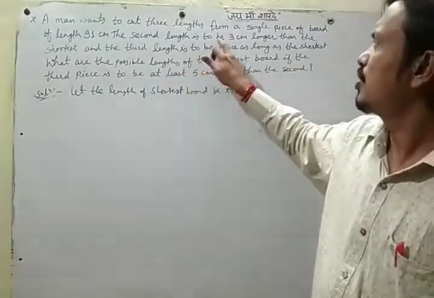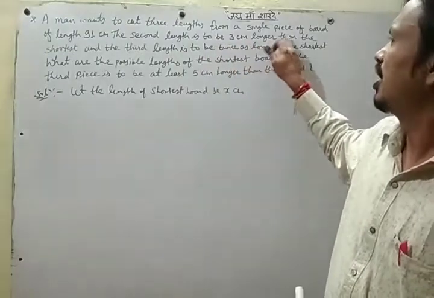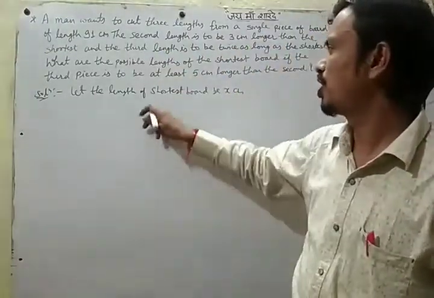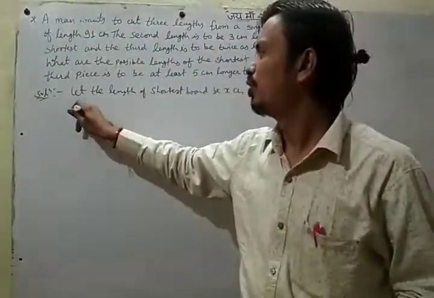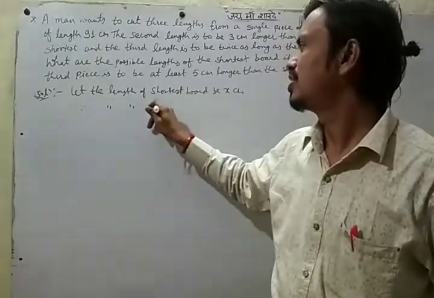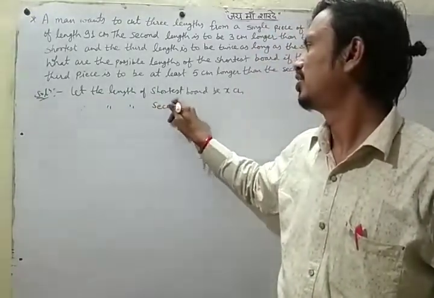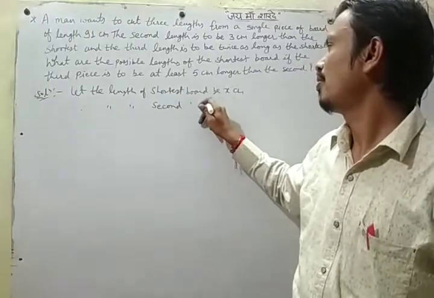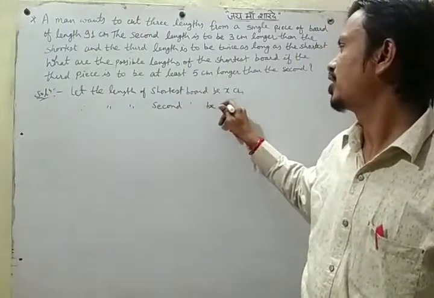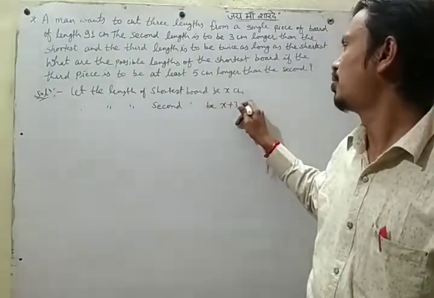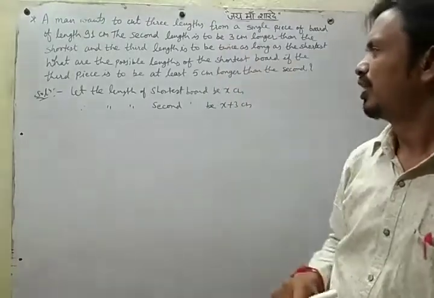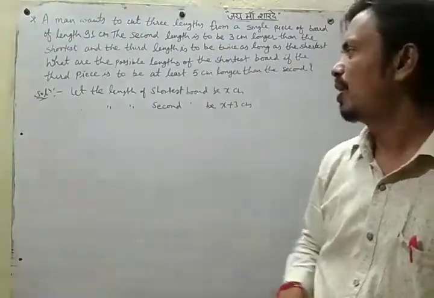The second length is 3 centimeter longer than the shortest. If the length of the shortest board is x, then the length of the second board will be x plus 3. So the second length will be x plus 3.